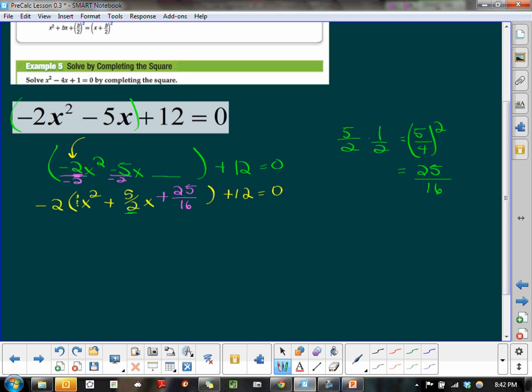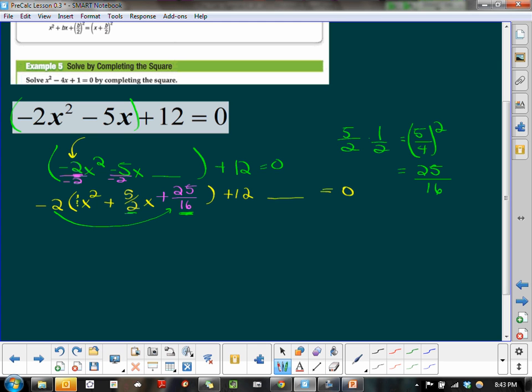and since we added it there, I should have left a little spot over here, we have to balance out the equation by keeping it completely in balance. Now, the extra little added feature in this one is we really didn't just add 25/16, because it's being multiplied by this negative 2. We have to distribute the negative 2 to get the true value.